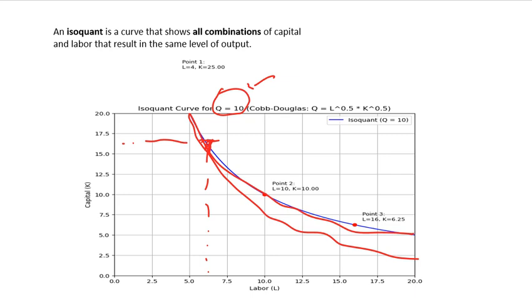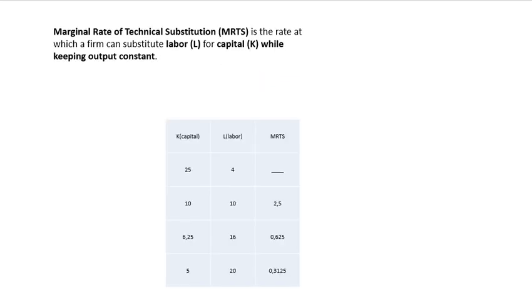And now, before moving to the next concept, which is isocost, there is another concept which is really important, which is the MRTS, or the marginal rate of technical substitution. MRTS is the rate at which a firm can substitute labor for capital while keeping output constant.